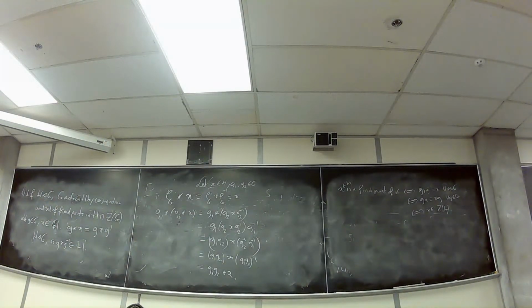So the set of fixed points is H intersection Z(G).